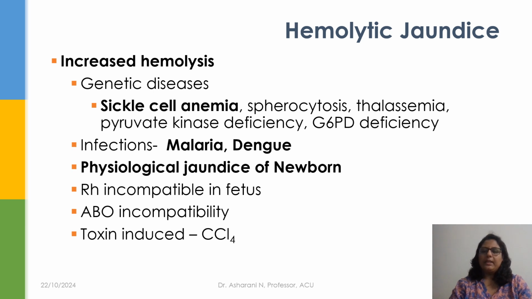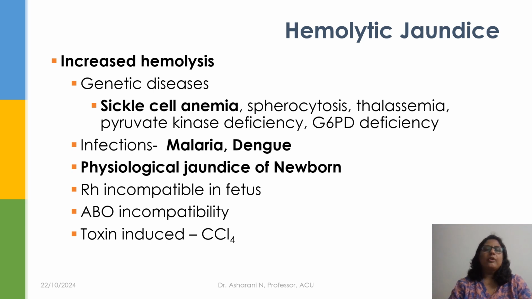All this leads to the destruction of the RBC membrane, thereby leading to increased production of unconjugated bilirubin. Apart from genetic, there are some infections like malaria, dengue, or it can be Rh incompatibility in fetus, or ABO incompatibility during blood transfusion, or toxin induced like carbon tetrachloride, where there is increased hemolysis.